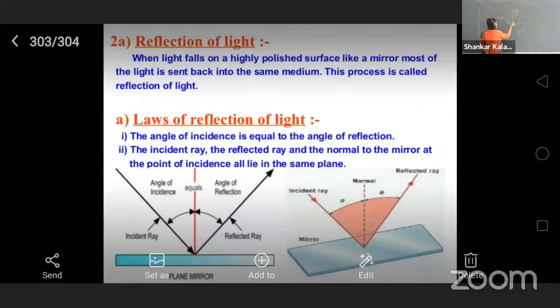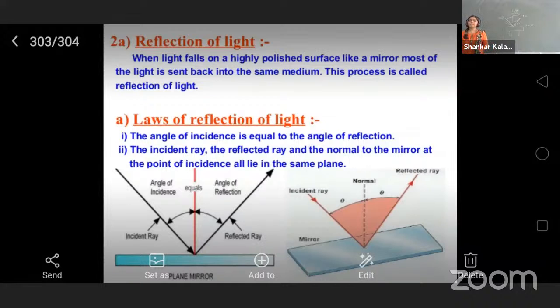This line we call the normal. This we call the incident ray, and this we call the reflected ray. We represent the incident by the letter I, and the reflection by the letter R. The law of reflection of light means the angle of incidence is equal to the angle of reflection, that is, I is equal to R.